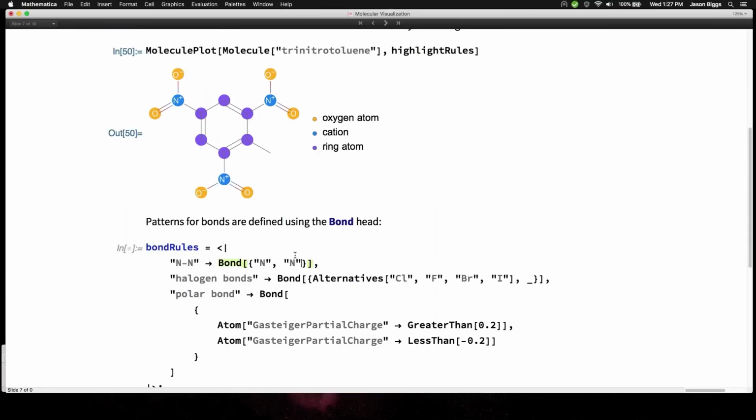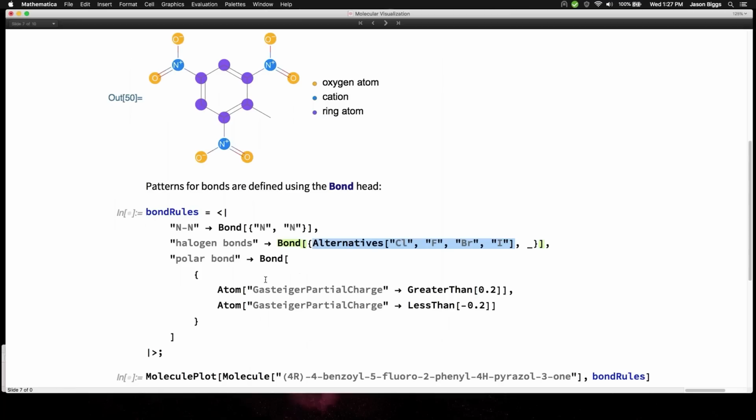The same thing works for bonds. You can create a pattern for a nitrogen-nitrogen bond. You can create a pattern for a halide bond, for any bond featuring chlorine, fluorine, bromine, or iodine. Or you could create a pattern for a polar bond where the two atoms in the bond have opposite partial charges.